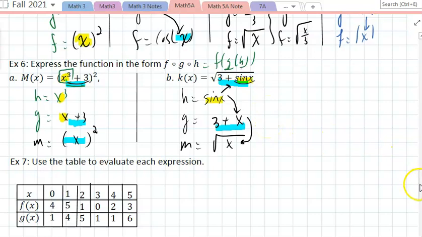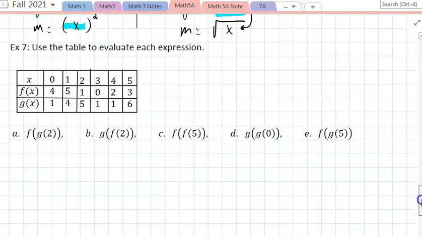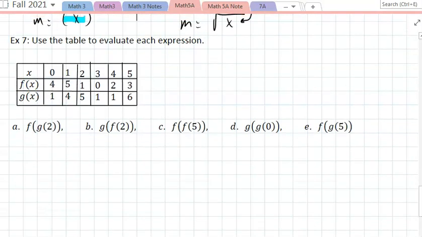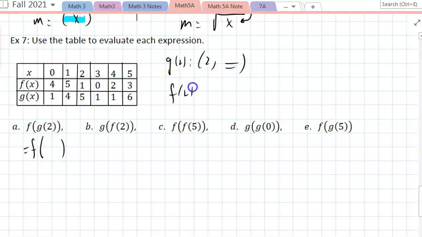And the last aspect of this section is dealing with a table, either tables or graphs. F of g of 2, these are a bunch of y values. So when you say g of 2, you're saying when x equal 2, what does y equal? When you say f of 2, you're saying when x equal 2, what does y equal? Always a y value.